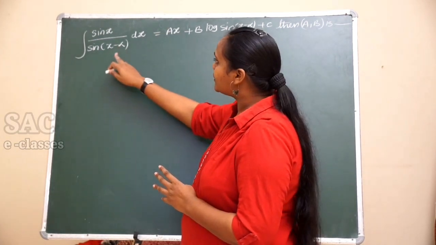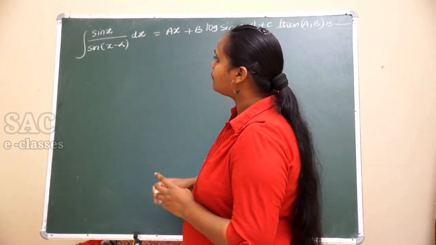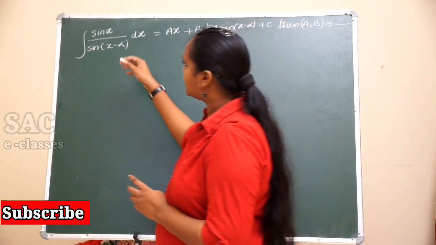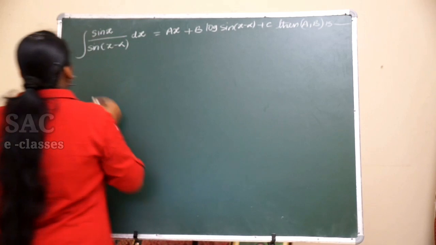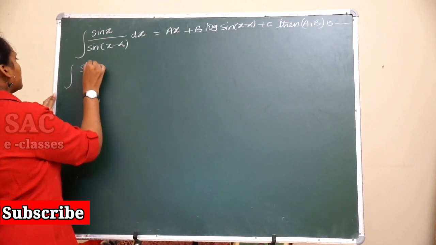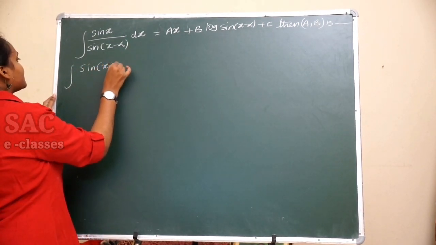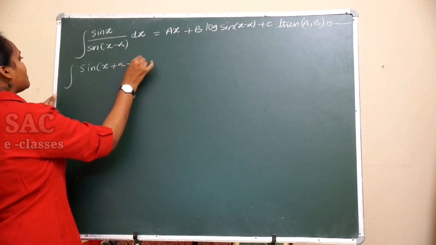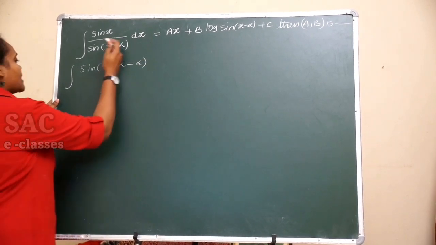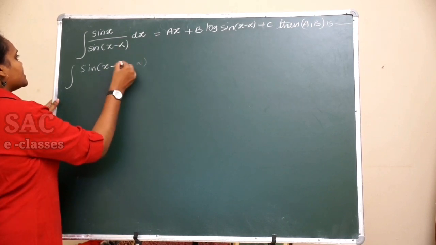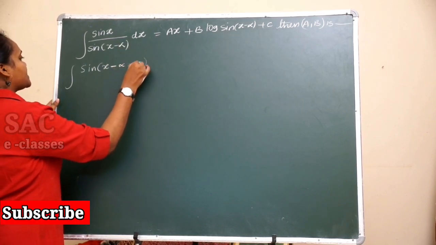So, to make it into the desirable form, at first I am taking the angle. What is the angle here? Sin x. So I am writing sin x as sin of x plus alpha minus alpha. Can we write like that? Obviously. Or else, can we write it as sin of x minus alpha plus alpha?